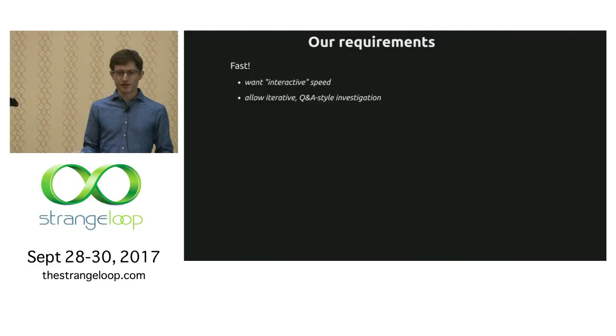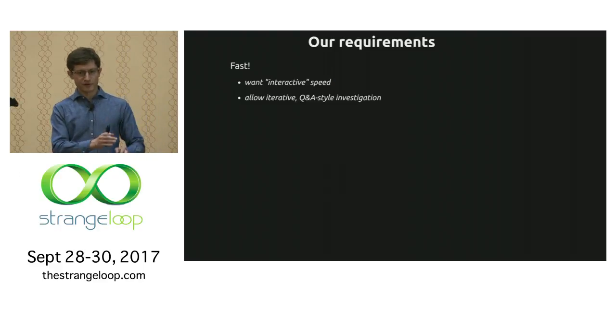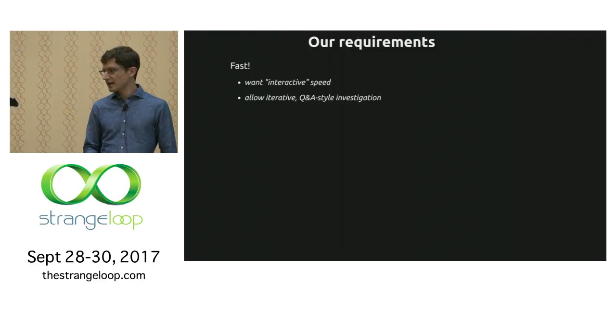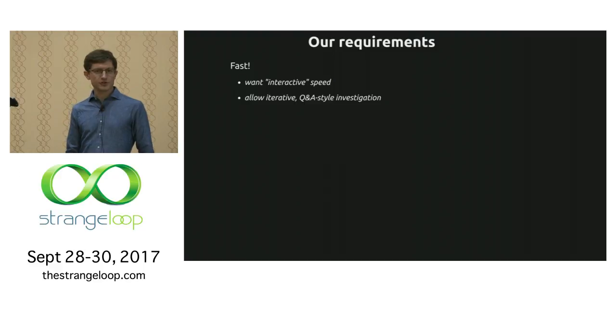They ask a question to test their hypothesis. They get an answer back, and maybe it confirms the hypothesis, in which case they might want to refine further and drill down. Or maybe it turns out the hypothesis was wrong and they need to try a different tack. And in both of these cases, it's really important for the Q&A to be really fast. You don't want to set a query running and then go have a cup of tea and then forget what you were doing.